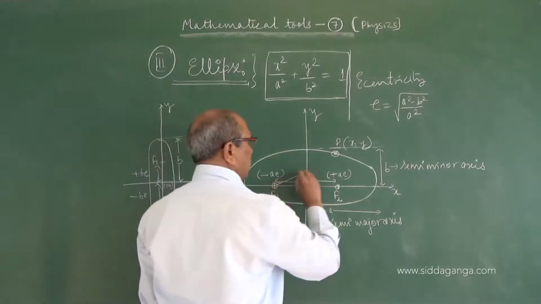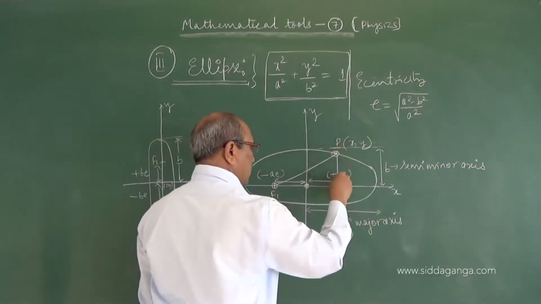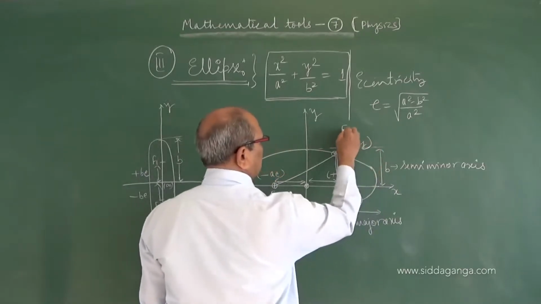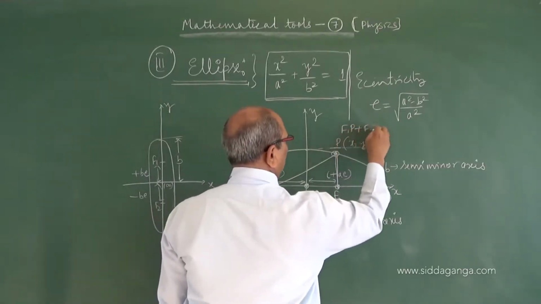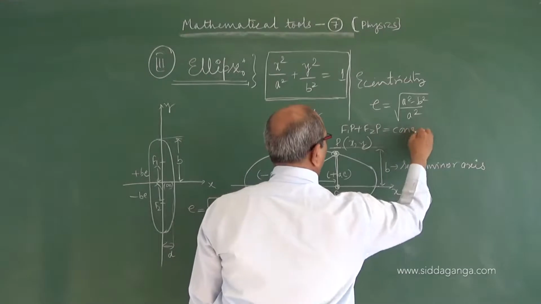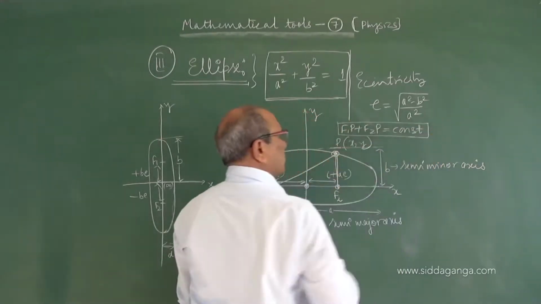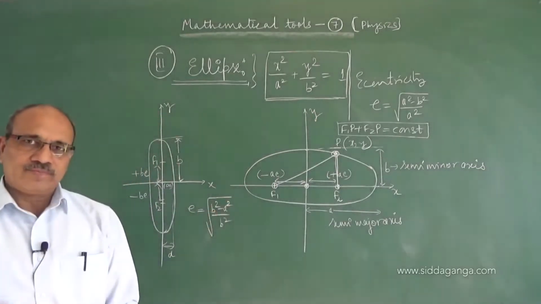The distance of F1 to P and F2 to P, that means if I take F1P plus F2P, it always remains a constant. This is the important condition you have to know.